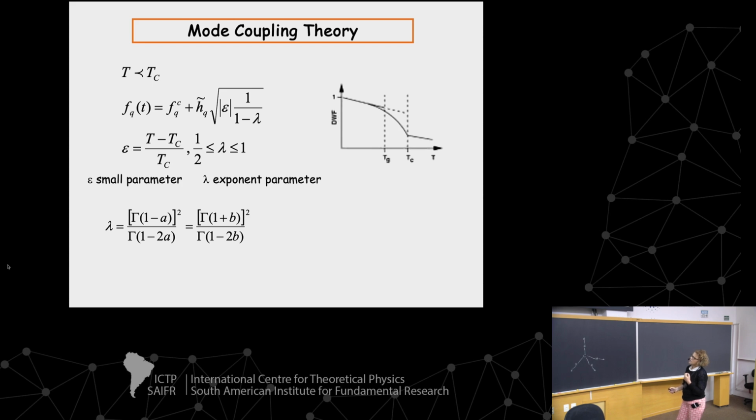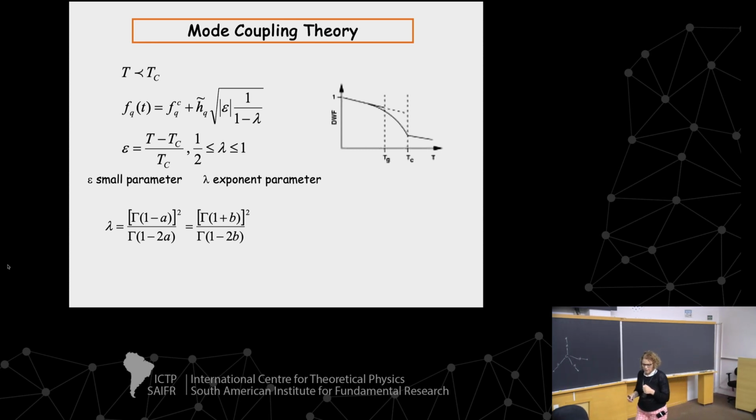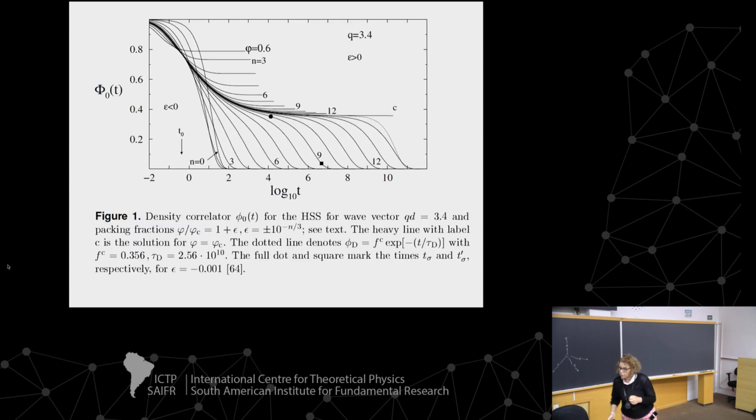And gamma is the Euler gamma function: gamma of 1 minus A squared divided by gamma of 1 minus 2A, and the same for B with the plus, and they have to be equal, and both should give you the same result. So you've seen that with the shape of the correlator, I can calculate all these exponents, and then I can fit them, and I can see if they agree with what the theory predicts.